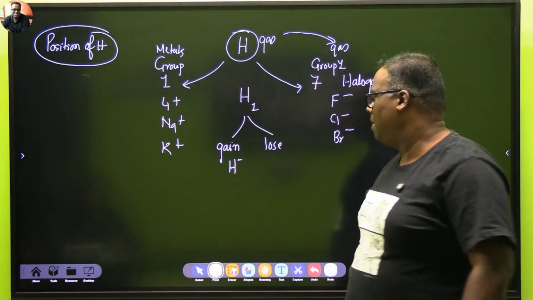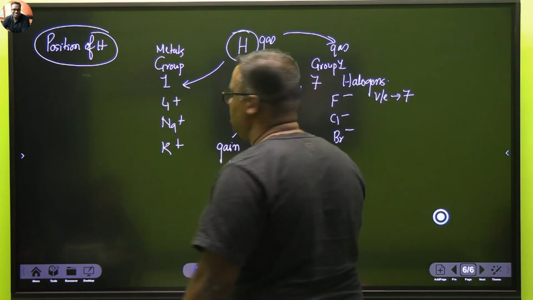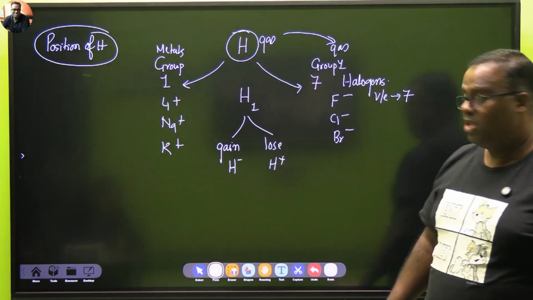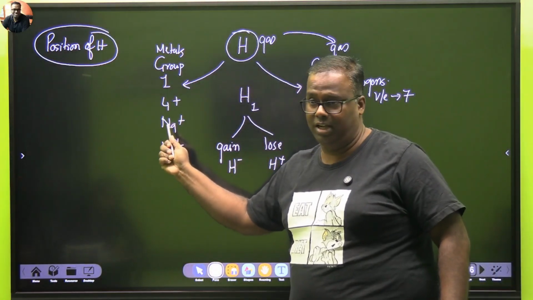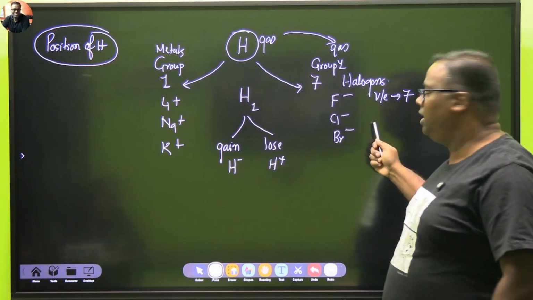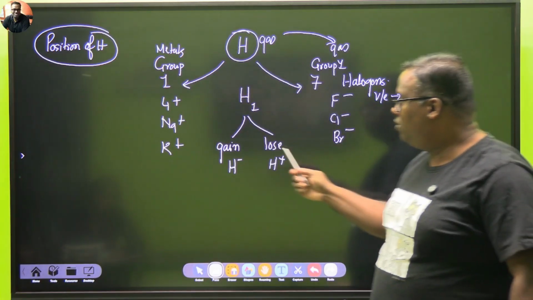And if hydrogen loses an electron, hydrogen becomes H plus. Whereas these two will never gain an electron, or never lose an electron. Are you understanding? Hydrogen can have both.